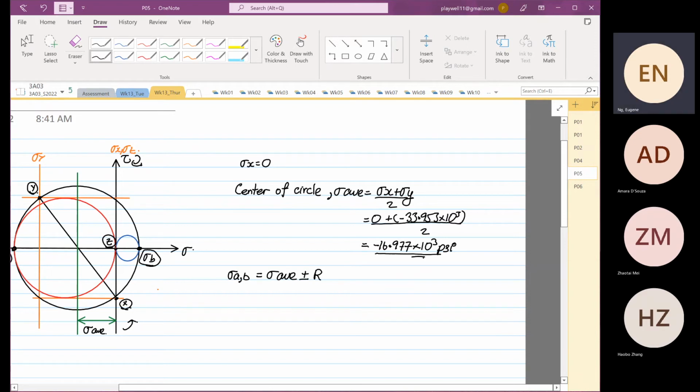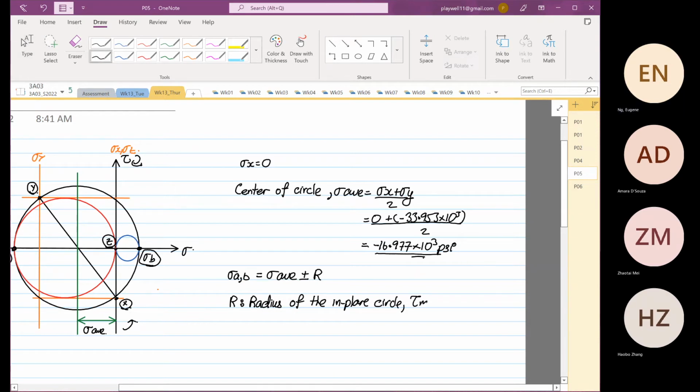So R is the radius of the in-plane circle, which is also equal to our tau max.